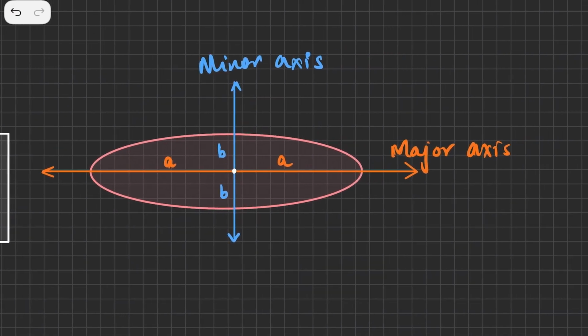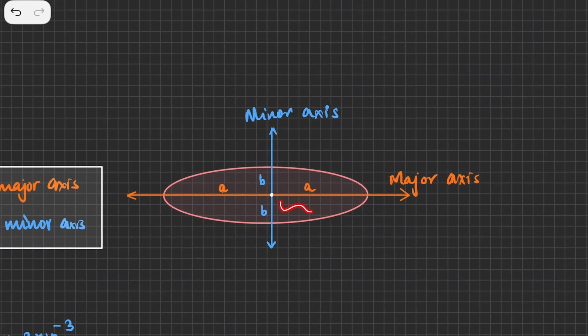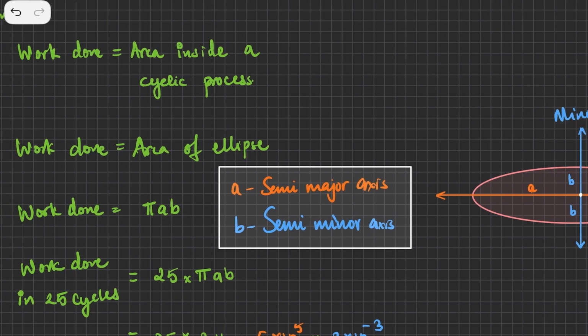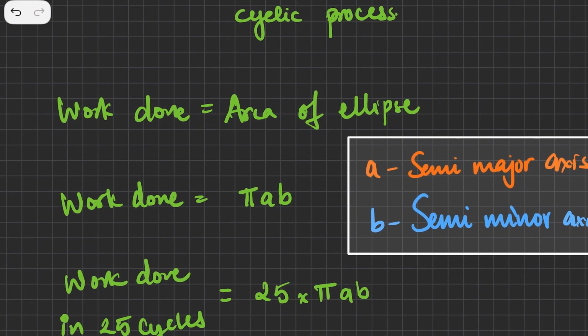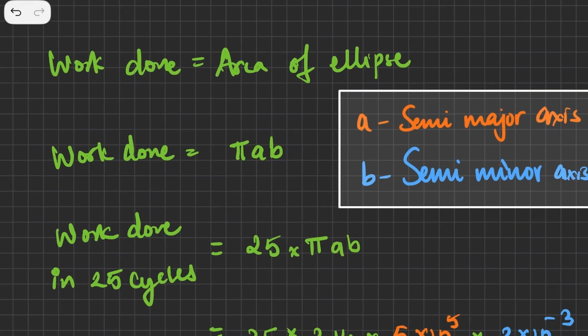Then this axis is called the major axis, the longer axis, and the shorter axis is called the minor axis. Half of the major axis is the semi-major axis a, and half of the minor axis is the semi-minor axis b. You just have to measure the distance from the center to the edge. So that's the formula for the area of an ellipse.